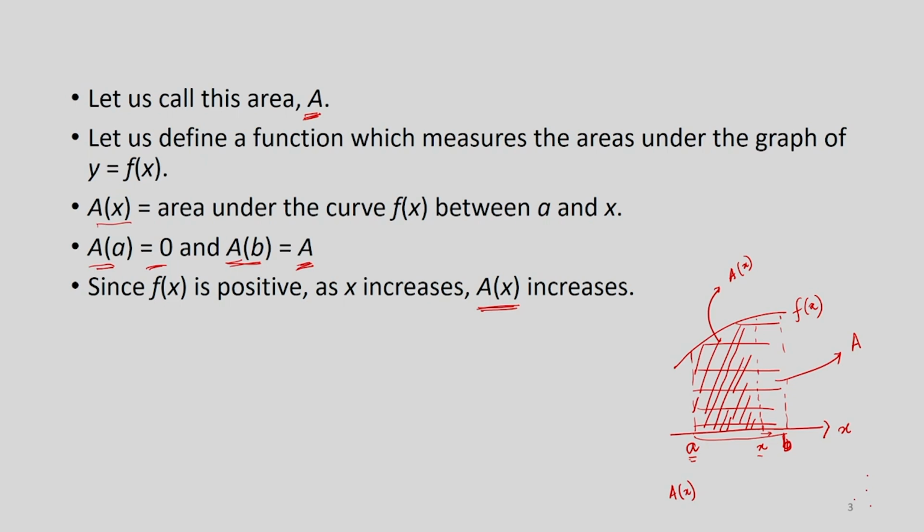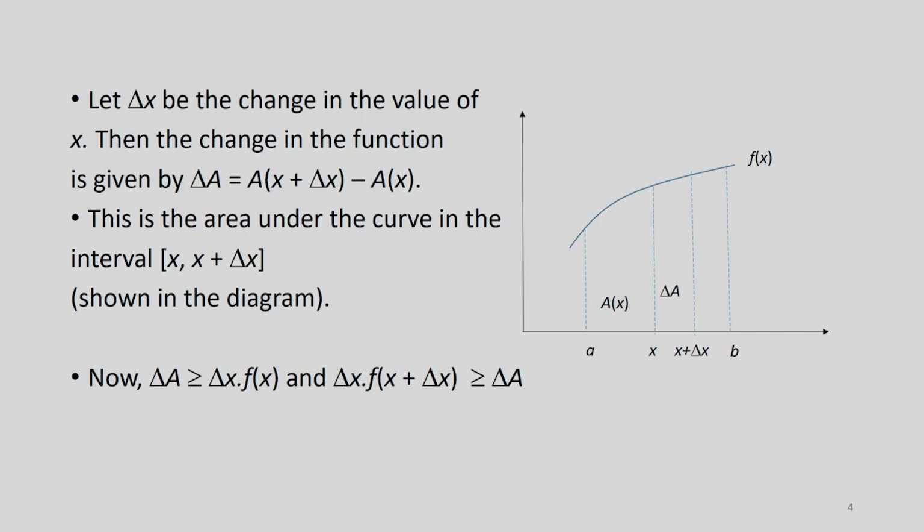Okay, we have defined a function. So the sum total of this is that we have defined a function capital A of x, which basically measures the area under this particular function f of x between small a and small x. Okay. Now we are going to play around with this function capital A of x.